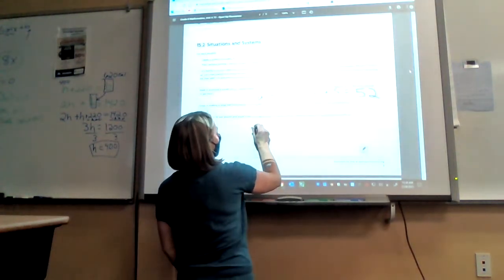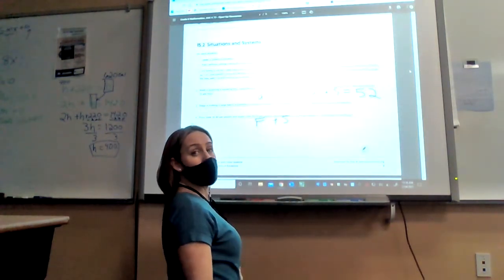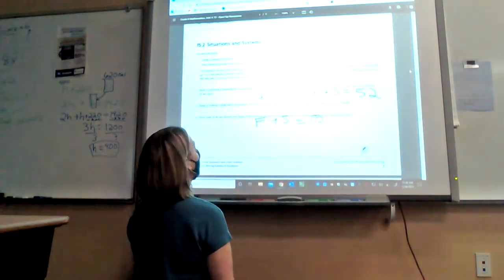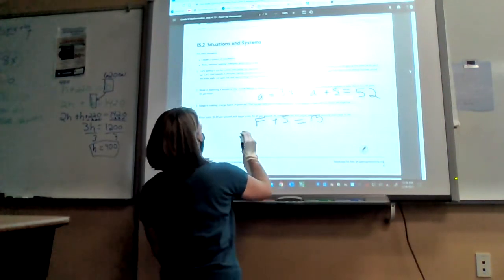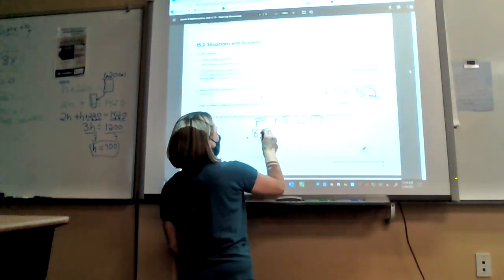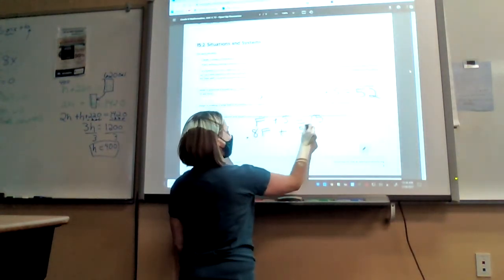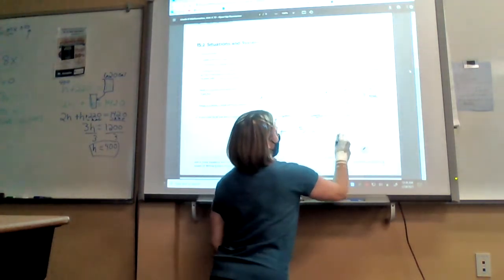If you add the pounds of flour and sugar together, it's going to be 15 pounds. But if you're talking about only the cost, it's $0.80 for each pound of flour, plus $0.50 per pound of sugar, and that's going to be $9.